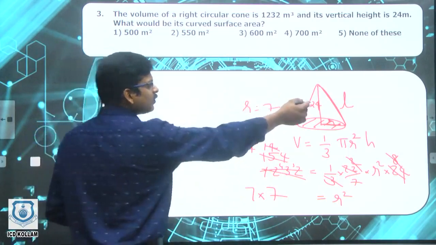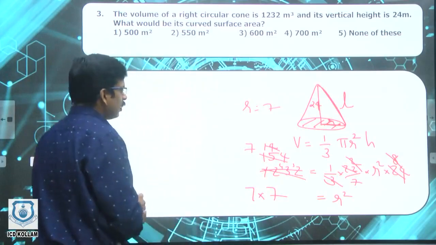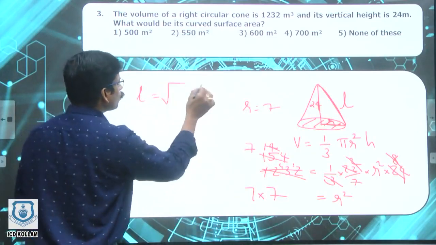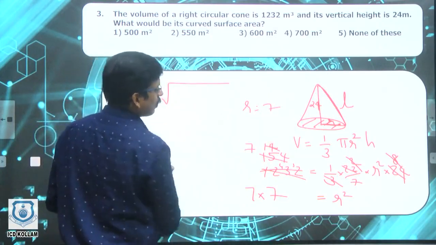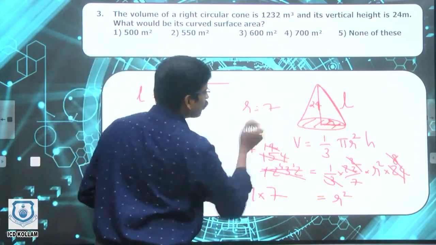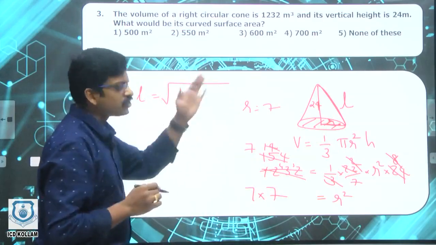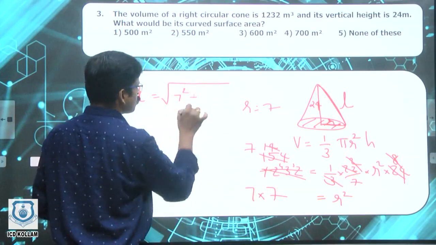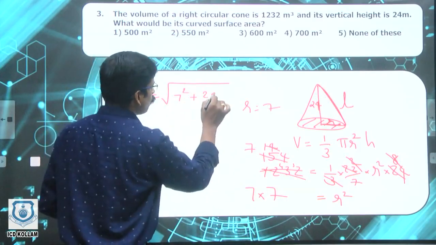So L is equal to square root of r square plus h square. r is 7, so 7 square plus 24 square.